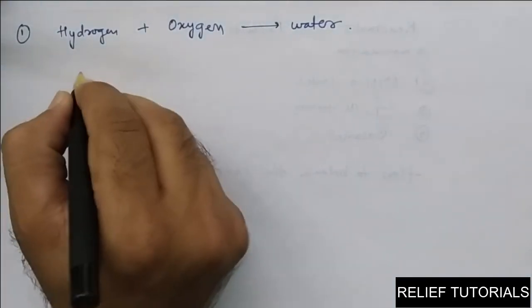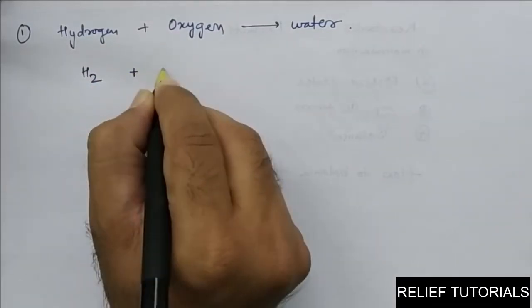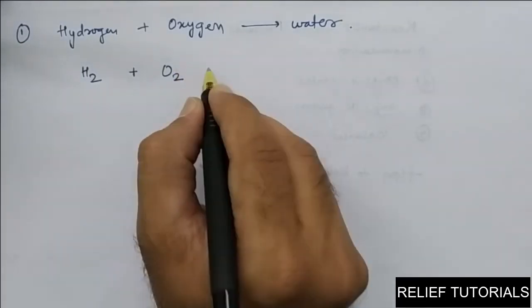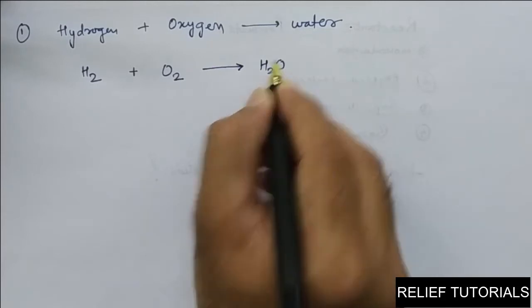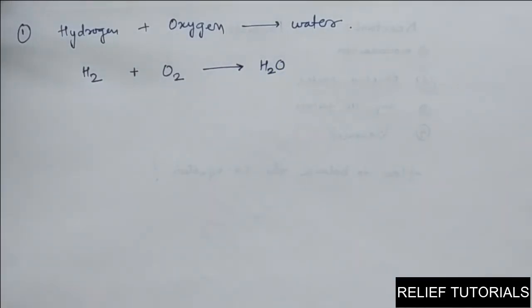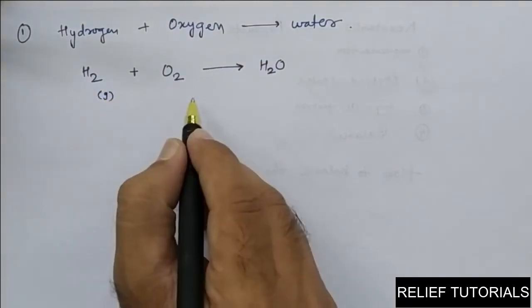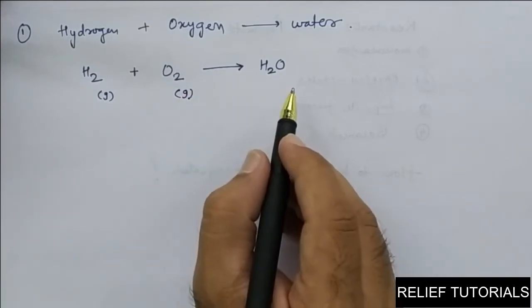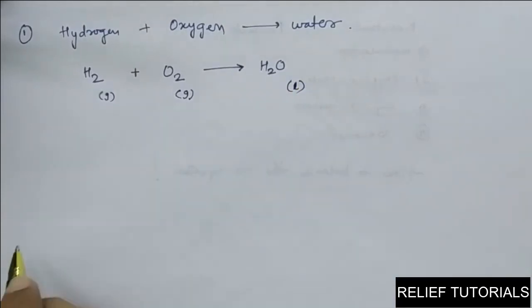The molecular formula of hydrogen is H2, it reacts with oxygen, whose molecular formula is O2, to give water, whose molecular formula is H2O. If you represent their physical states, H2 is in the gaseous state and oxygen also in the gaseous state, and the product water is obtained in the liquid state.